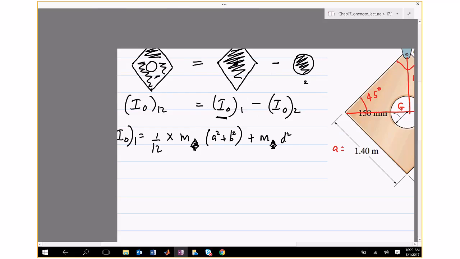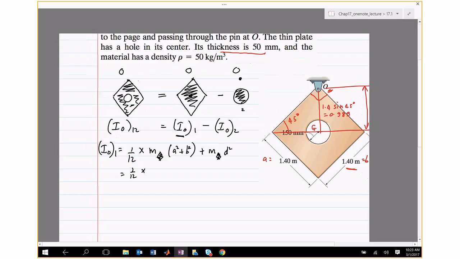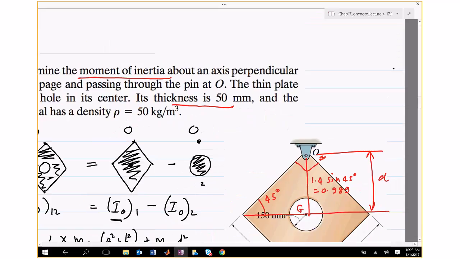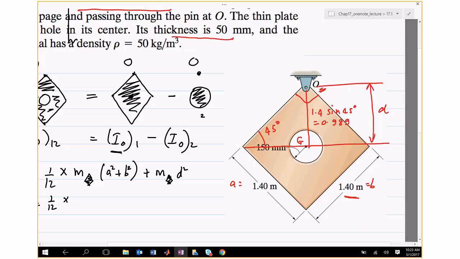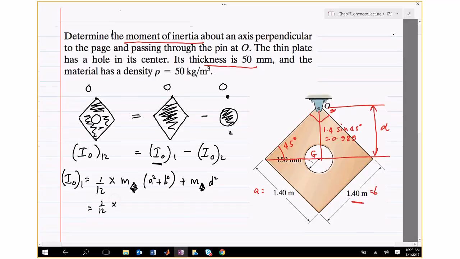That's it. So that's the inertia of the square plate about O. So let me fill it in. 1 by 12 times mass. Mass is density. Mass of that is rho times the volume of the square plate.